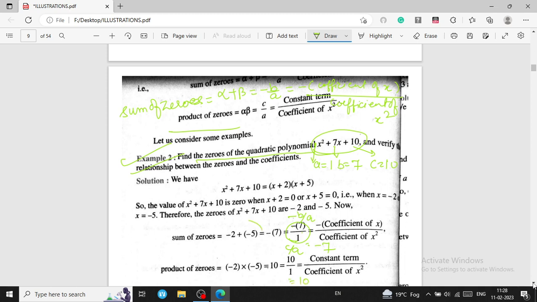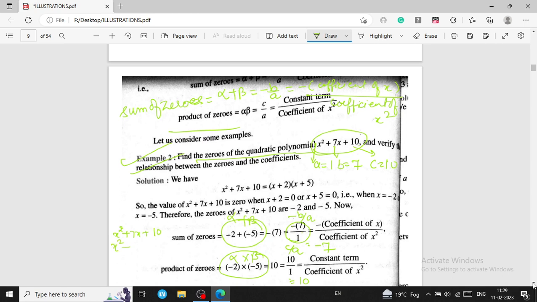Now come to this side. These are alpha plus beta and alpha into beta. These values can also be found from the factorization method. We have been given x square plus 7x plus 10.